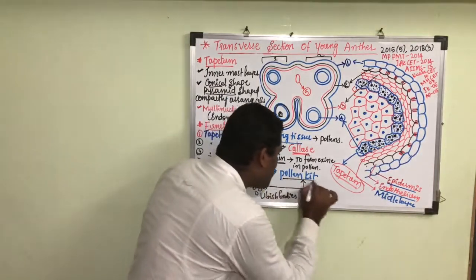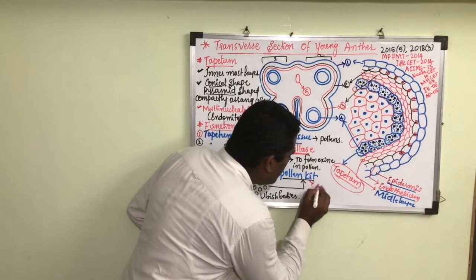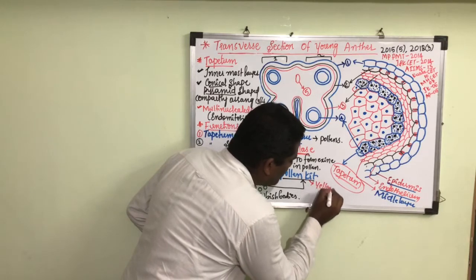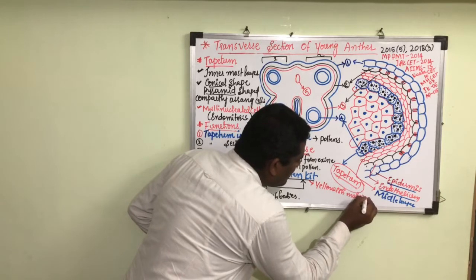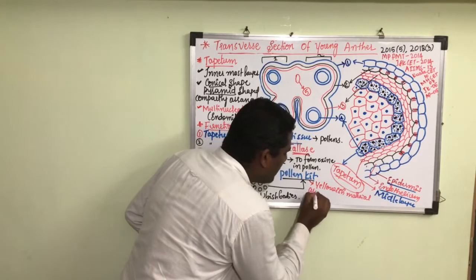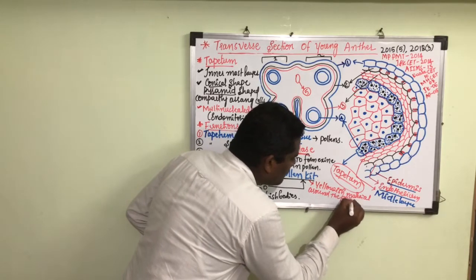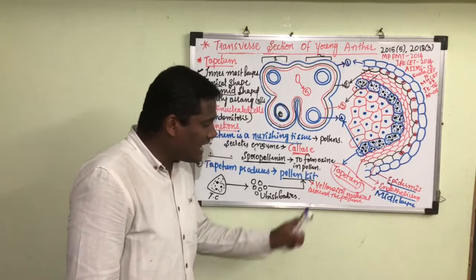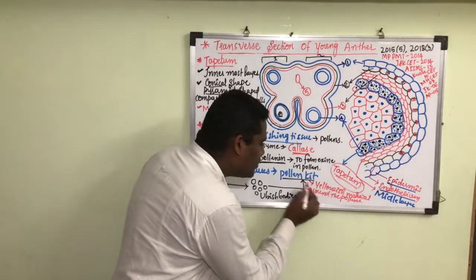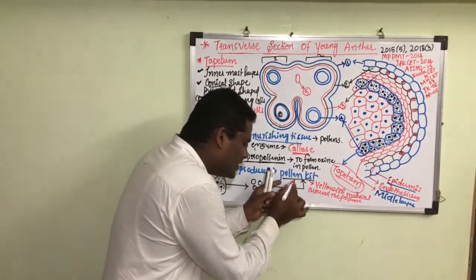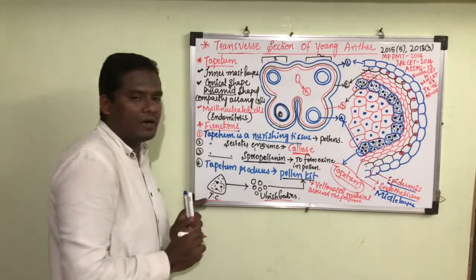Now, what is this pollen kit? Pollen kit is actually a yellowish substance around the pollen grains. Pollen grains are generally yellow in color, and that yellow color is due to the pollen kit, which is produced by the Ubisch bodies. Ubisch bodies are synthesized by the tapetal cells.